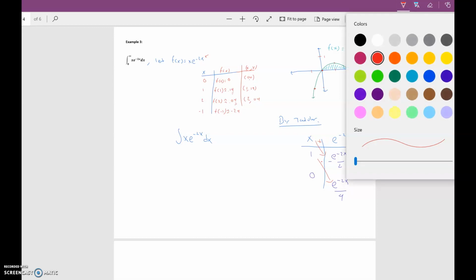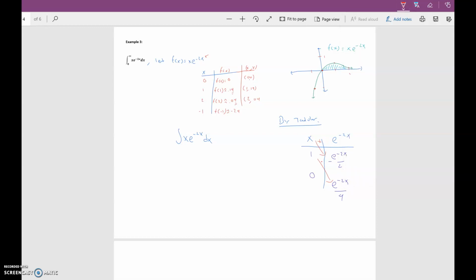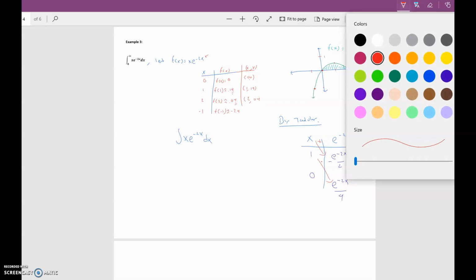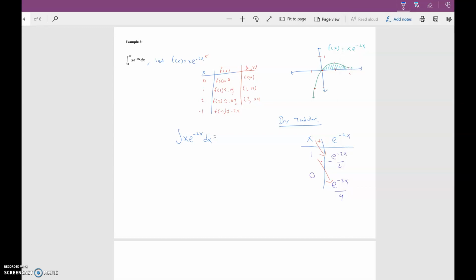So if we were to rewrite the integral, I think we can fit it here. This would be technically negative x e to the negative 2x divided by 2, minus 1/4 of e to the negative 2x.